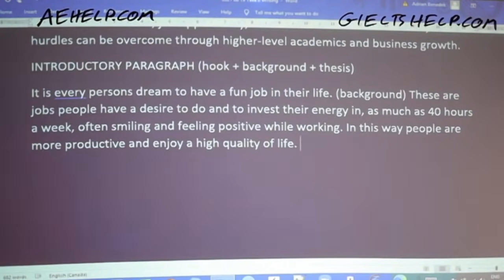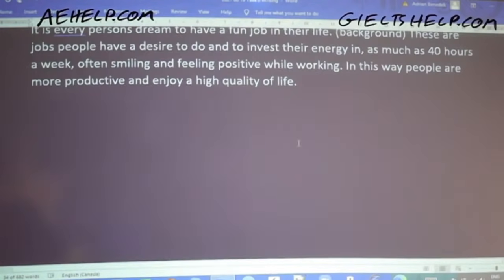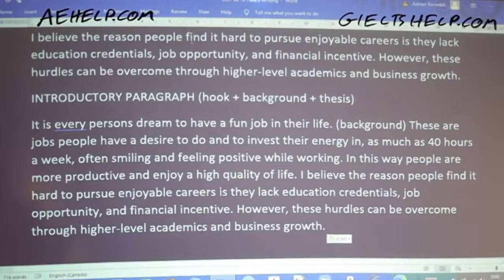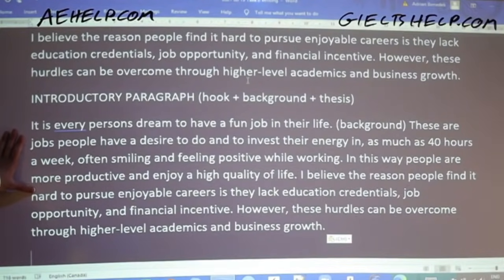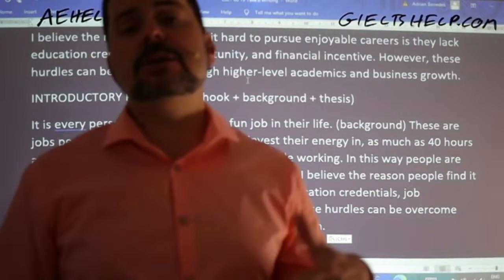All right. Now, all I do is I put in my thesis and I'm off to the races. So the big reason for investing time in good planning is so that you can write quickly and efficiently.